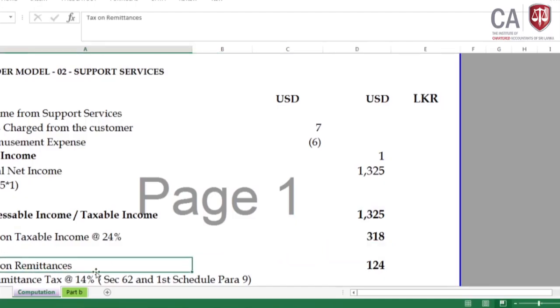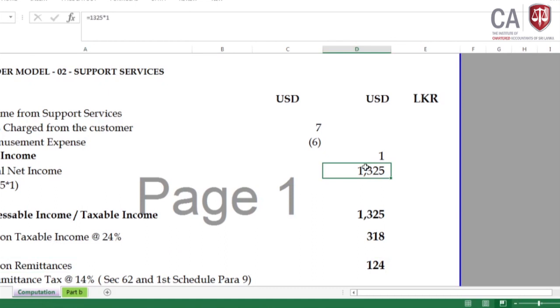Tax on remittances. How are you going to compute tax on remittance? It is always accounting profit before tax minus income tax which you should pay in Sri Lanka, then the balance is subject to remit. Don't go and remit the tax profit. We are not remitting the tax profit, we are remitting what is the available profit to us to remit.